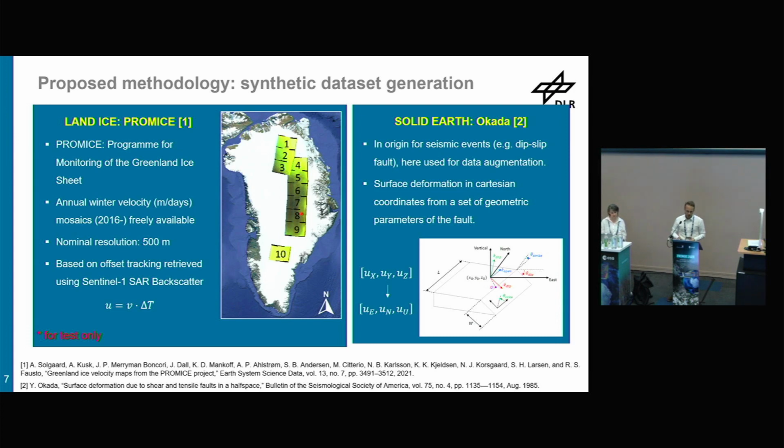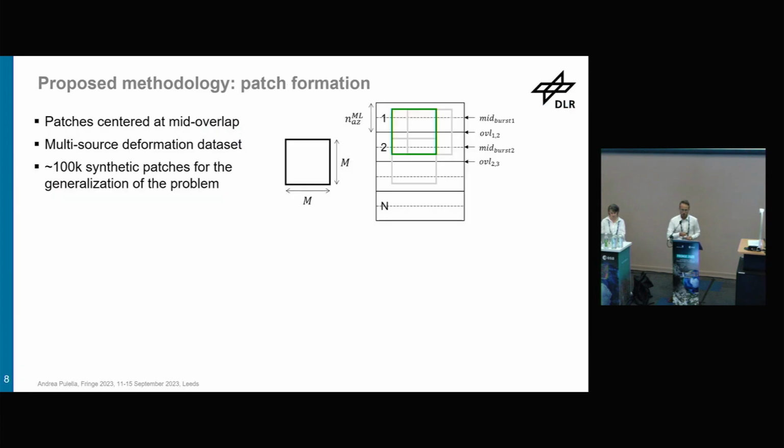We used the deformation from a mathematical model, the Okada model, which is used more for solid earth, but can generalize well from the point of view of the phase jumps problem. Another interesting point is how we treat the patches.